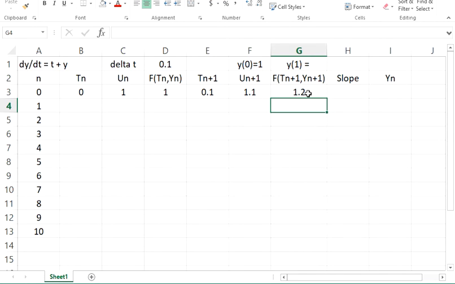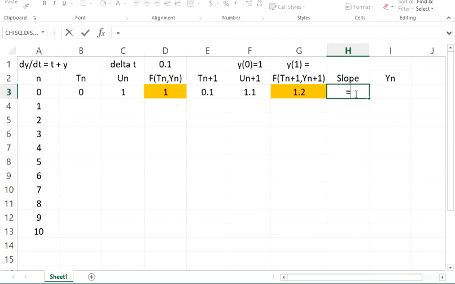My second slope is 1.2. Notice I'm not looking for a u value. I actually want to average my slope. So two things you may want to highlight are this one here and this one here. We're going to average those to find the slope we want to use. So the slope we want to use is equal to this one plus this one divided by 2. And that's the slope we want.